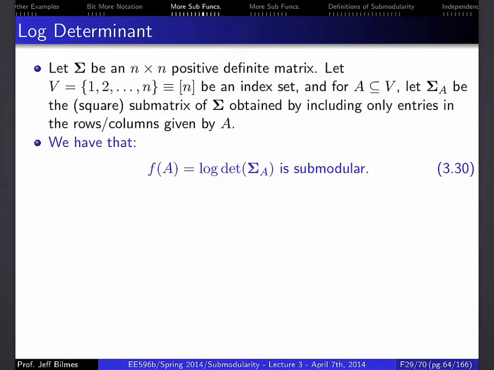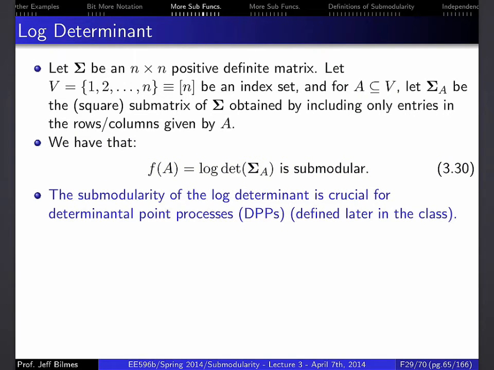Raise your hand if you think no. The answer is yes. Sigma is a positive definite matrix, and we're taking a submatrix corresponding to the rows and the columns. I'm not talking about the log being negative.